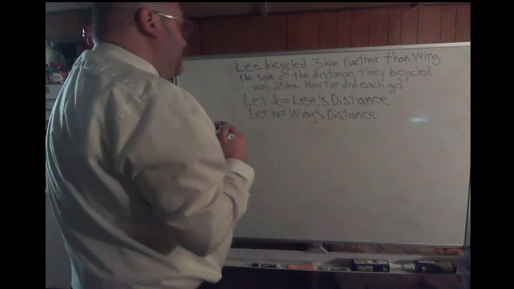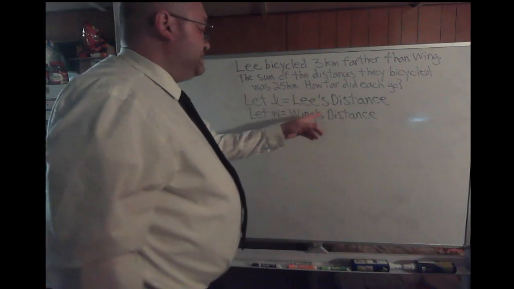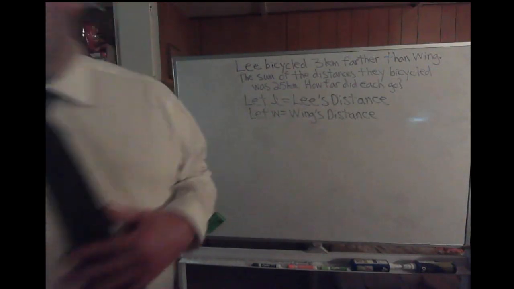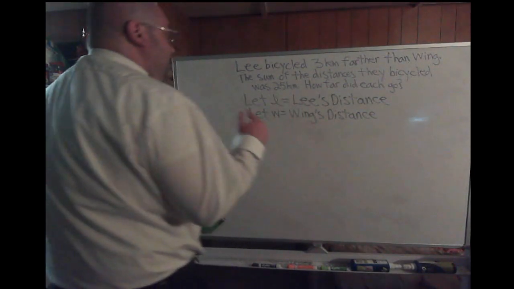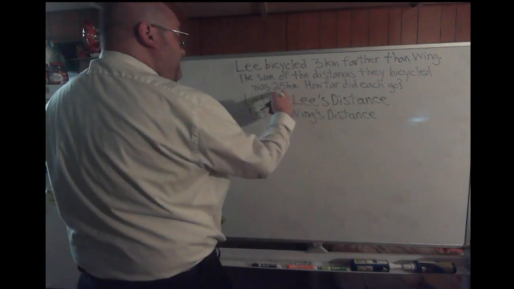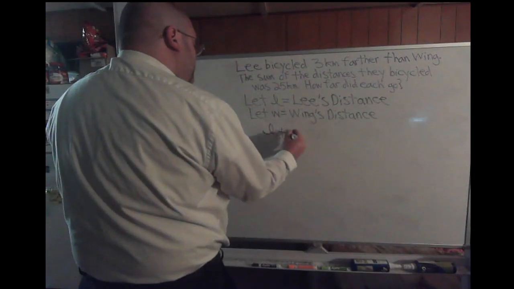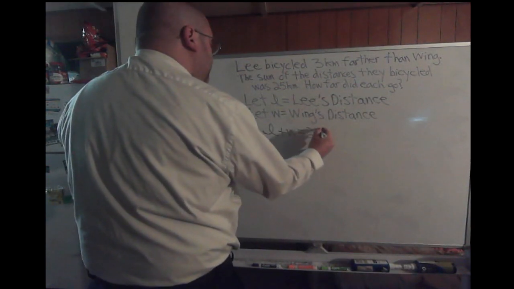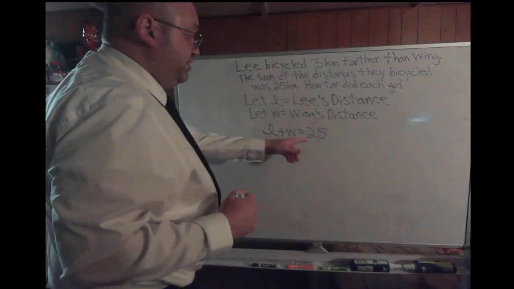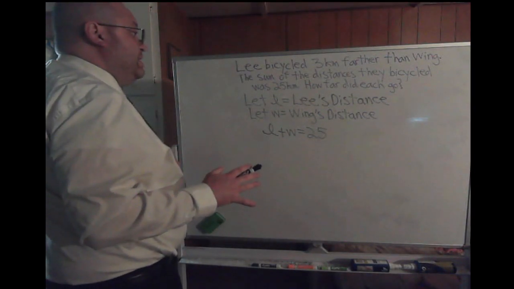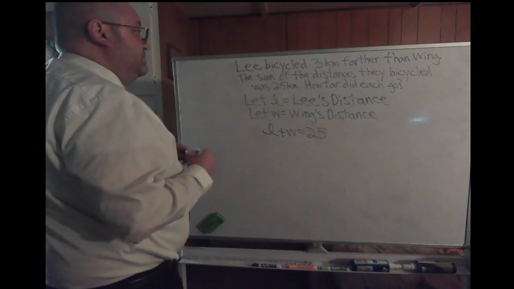Alright, so we've defined our variables here for our unknowns. So we know together, the sum of the distances they bicycled was 25 kilometers. So that means together, these two bicycled 25 kilometers. So we'll use L plus W equals 25 to signify that together they bicycled 25 kilometers.